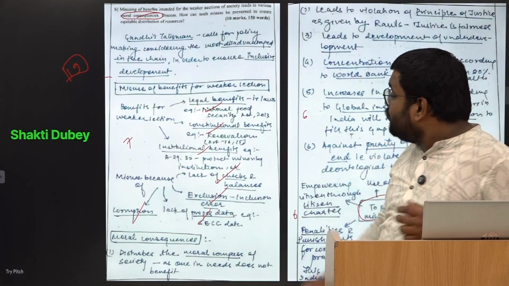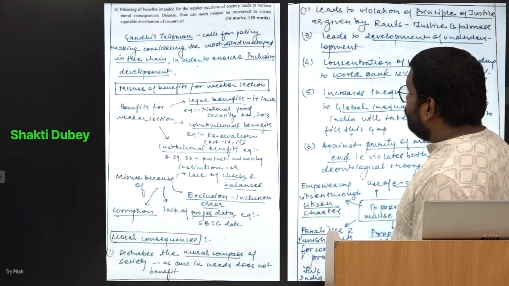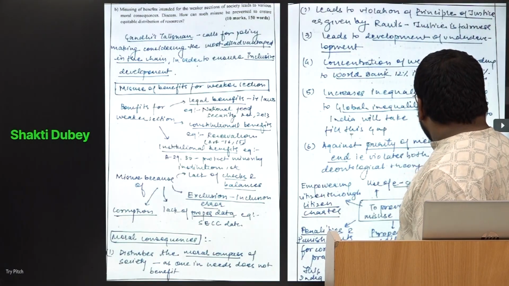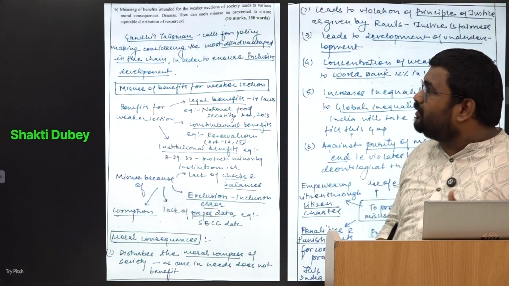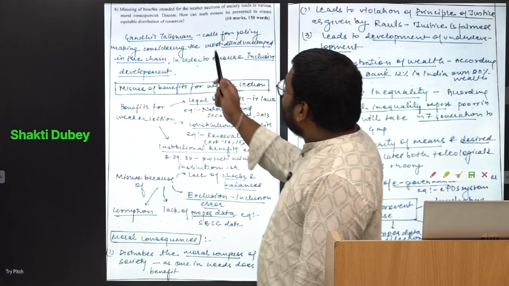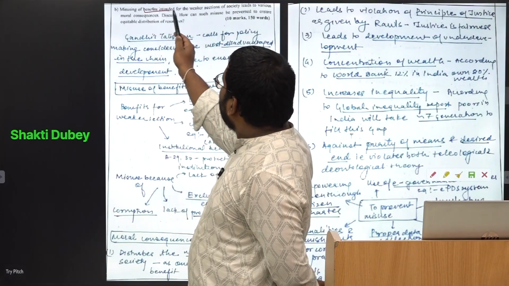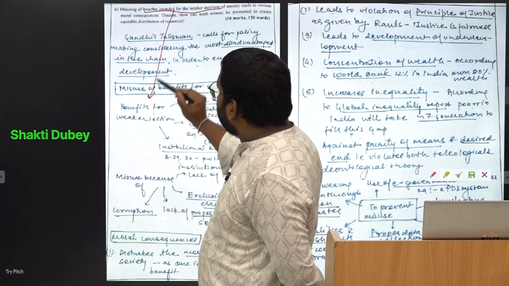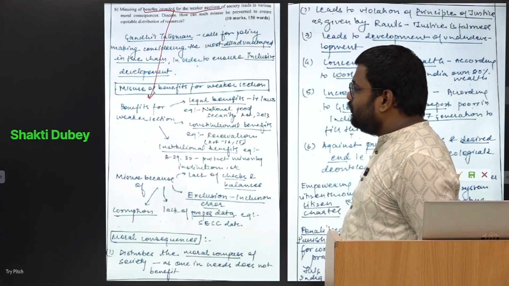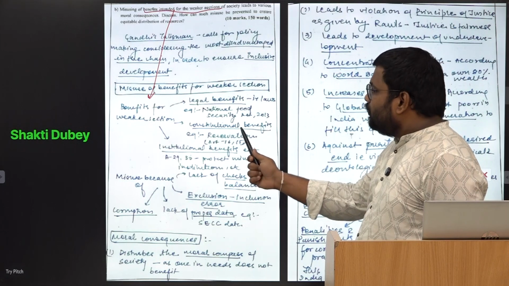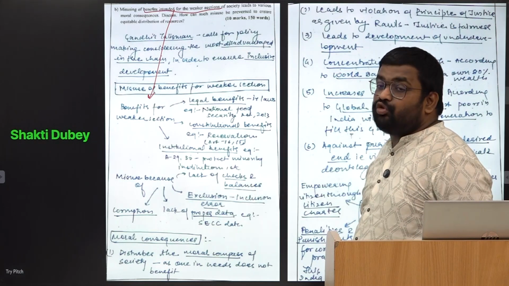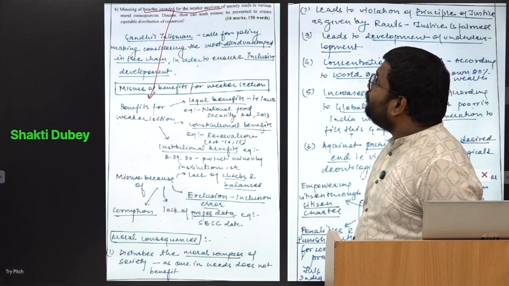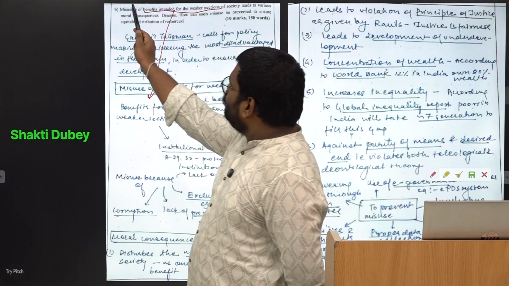And again, if you see the structuring of her answer, she has addressed each and every keyword given in the question. Like misusing of benefits intended for the weaker sections. So here she has addressed the benefits intended for weaker sections, like legal benefits, constitutional benefits, institutional benefits. Then the misuse of it.